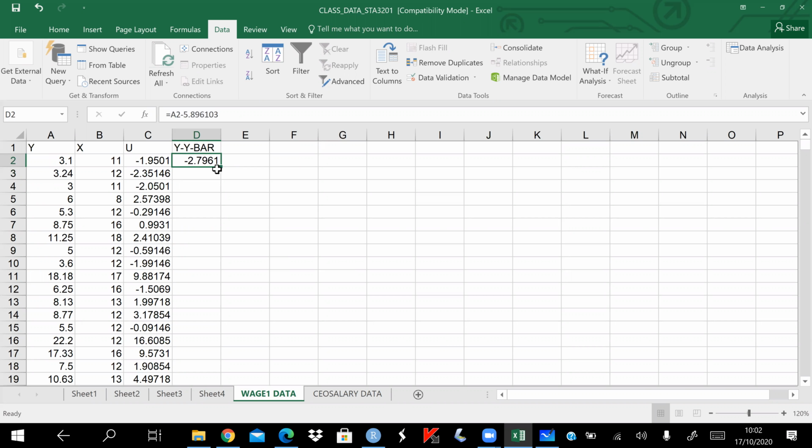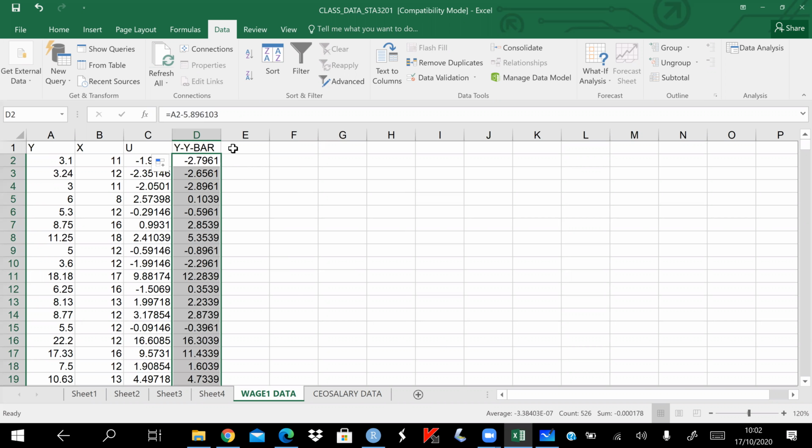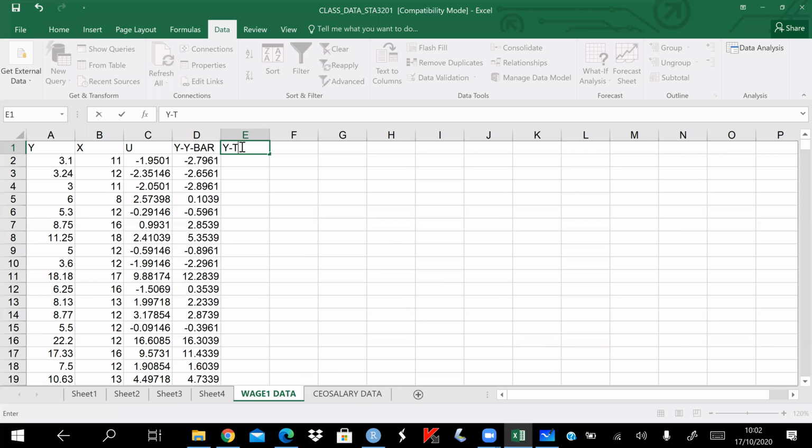So you copy all the values all the way to the last column. Then we need to have y minus y bar, but now we need to have it squared. So let me call it SST, the sum of squares.